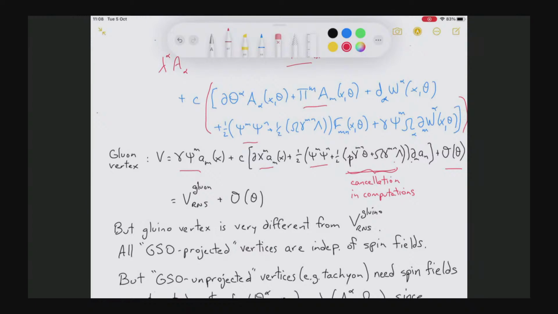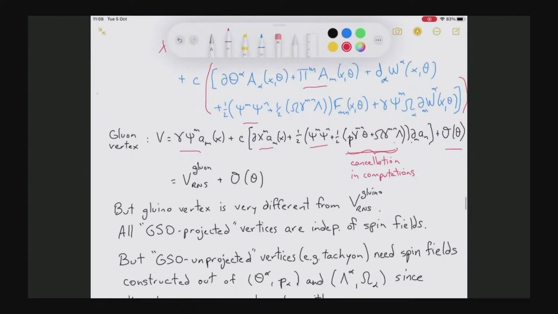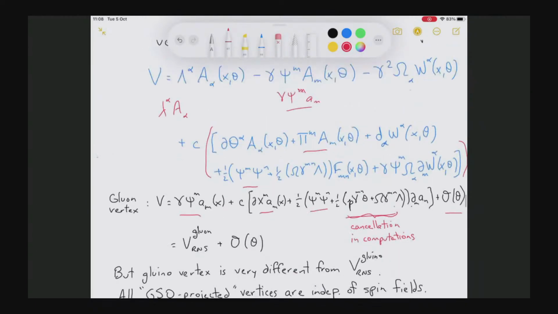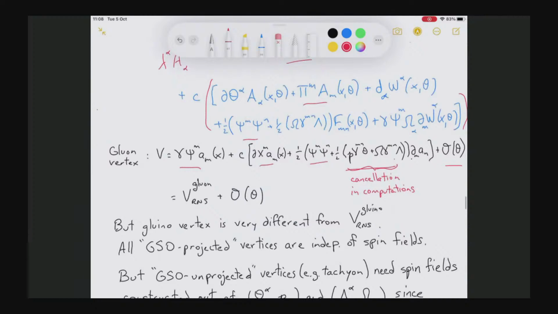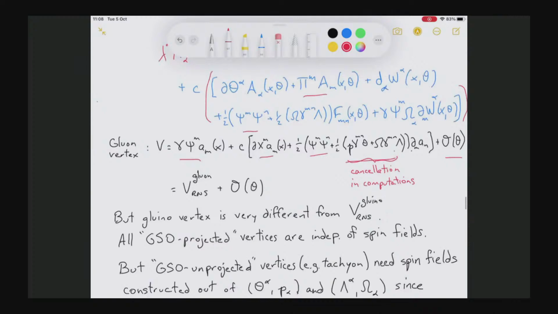I won't have time to discuss this, but if you want, you can also discuss, for example, what happens to the tachyon in this version of the RNS formalism. What you would find is that in order to describe the tachyon, you need to construct a spin field not out of the psi's, but a spin field out of the thetas. So the thetas would need to have unusual boundary conditions if you want to describe the tachyon.